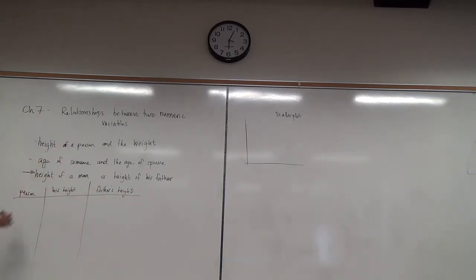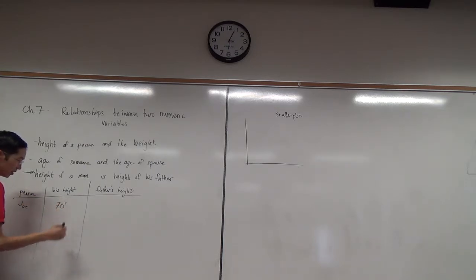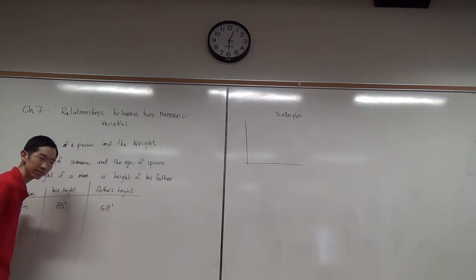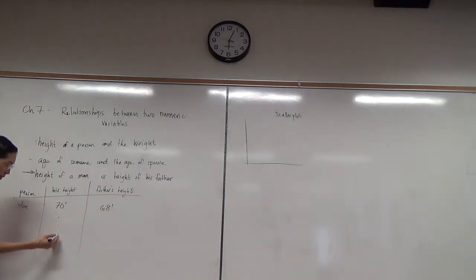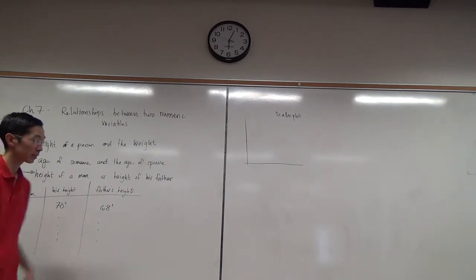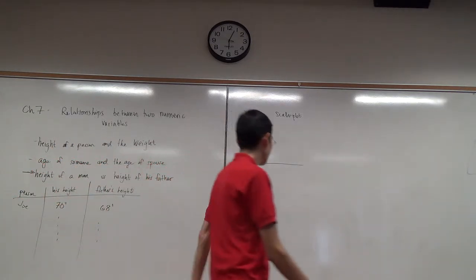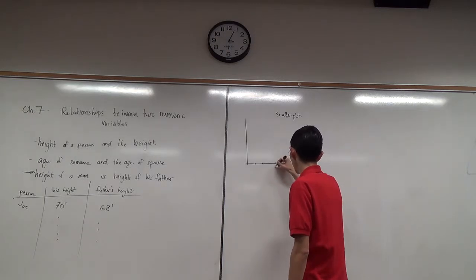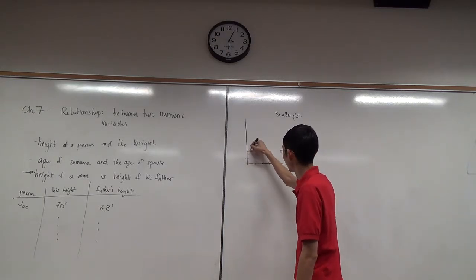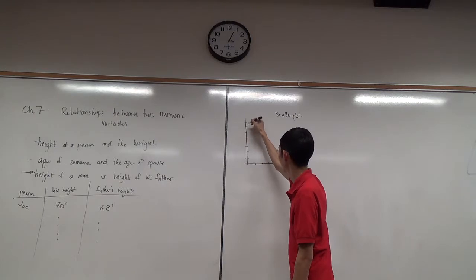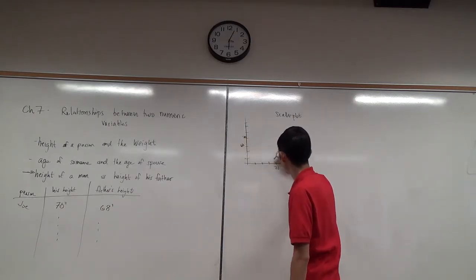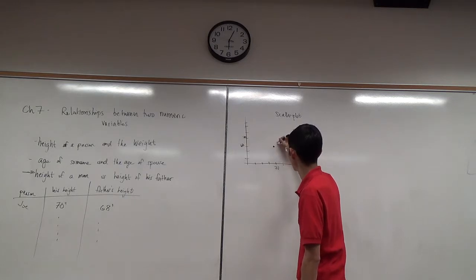So if we look at Joe, maybe he is 70 inches tall and his father was 68 inches tall. And we might have more and more data such as this. On our scatter plot, we would graph (70, 68).